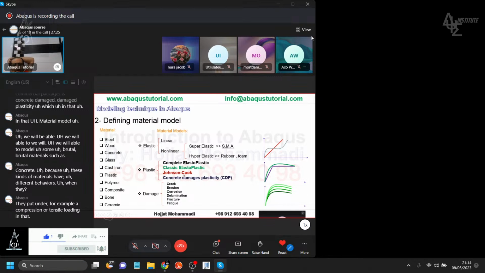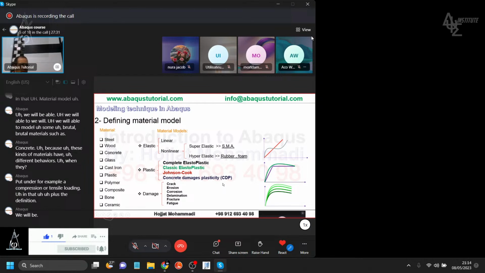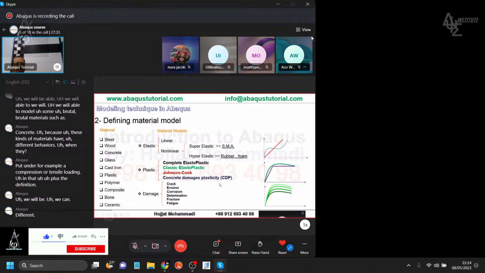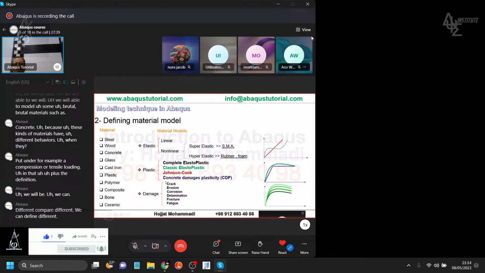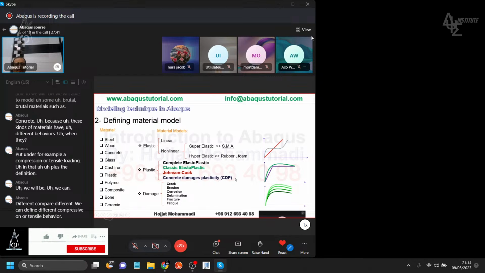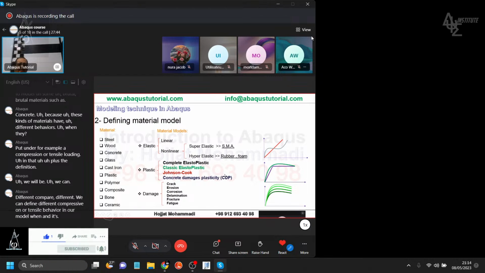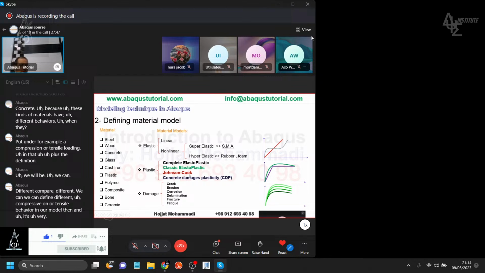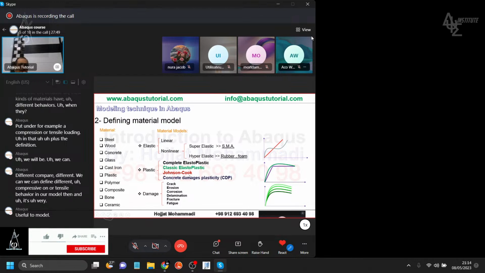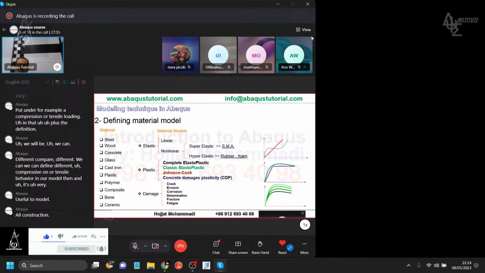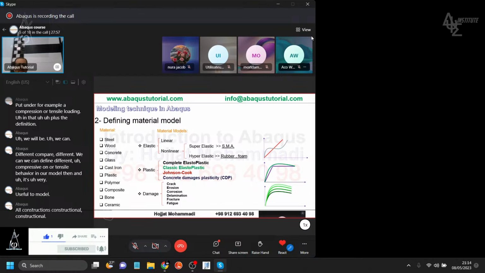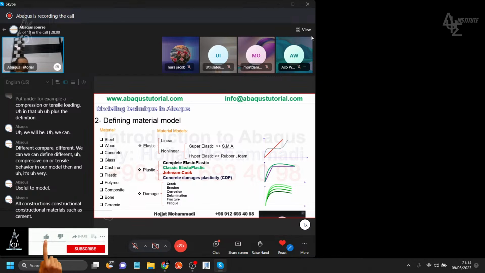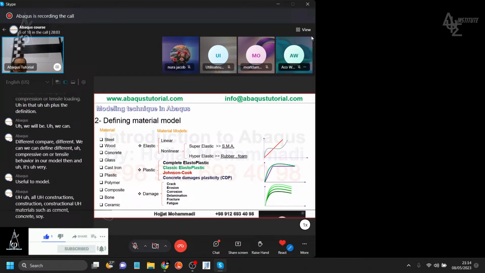In that plasticity definition, we can define different compressive or tensile behavior in our model, and it's very useful to model all constructional materials such as cement, concrete, soil, brick, and something like that.